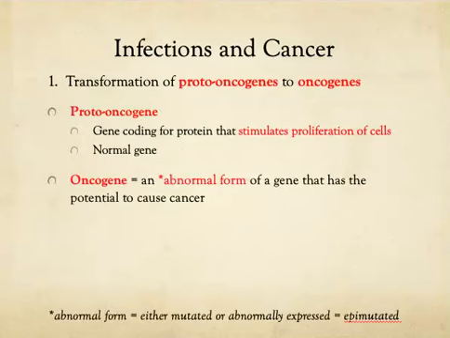So let's talk a little bit more about oncogenes. We know that there are genes that are closely linked to the development of cancer. Any gene that codes for a protein that can stimulate the proliferation of cells, we're going to include in the list of proto-oncogenes.